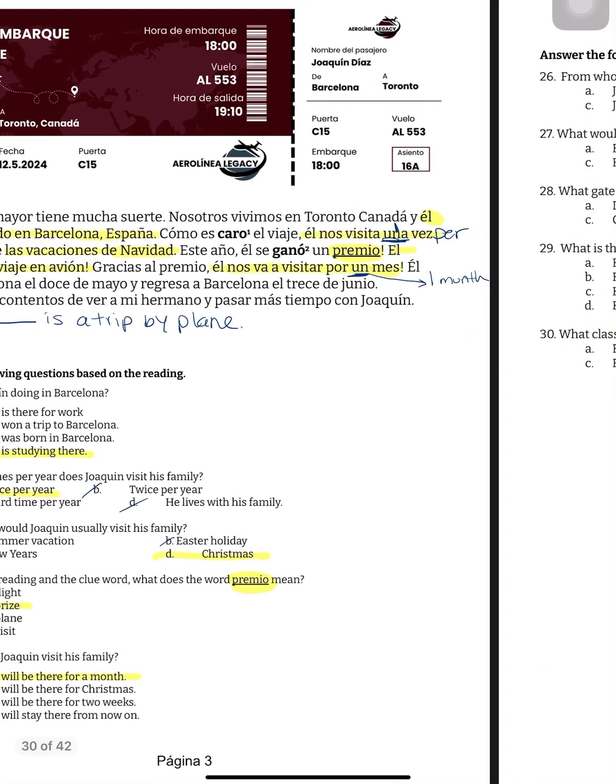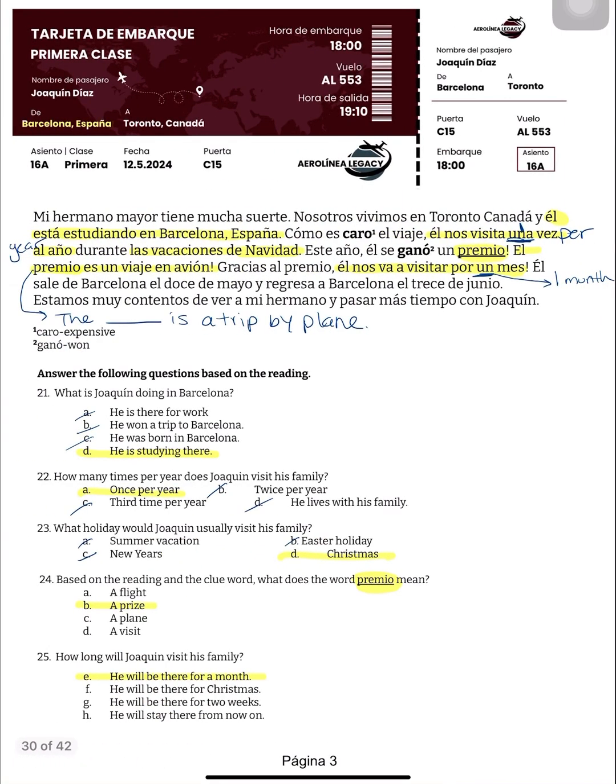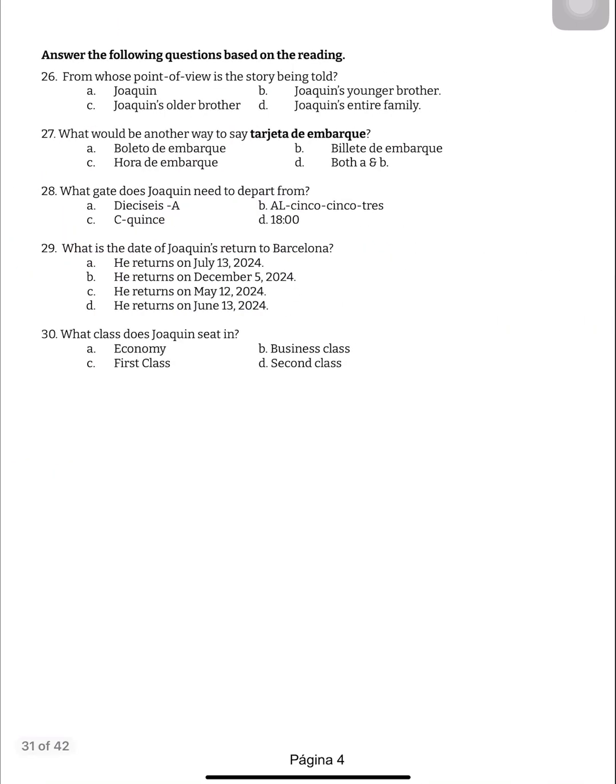Okay, I'm going to be switching back and forth between these. From whose point of view is the story being told? Is it Joaquin? Is Joaquin's older brother? Joaquin's younger brother? Or Joaquin's entire family? When you were reading this, if you see the word yo, then it works.